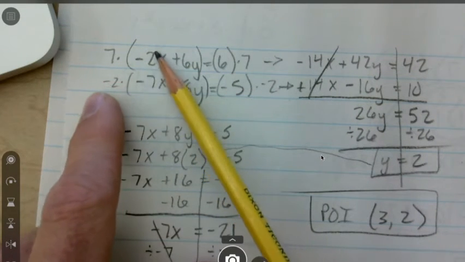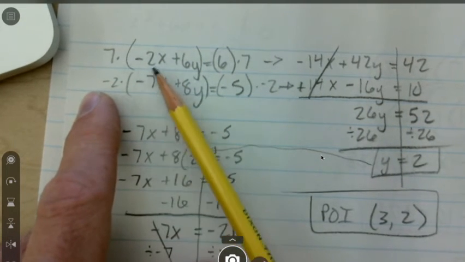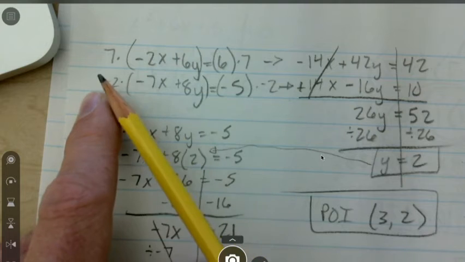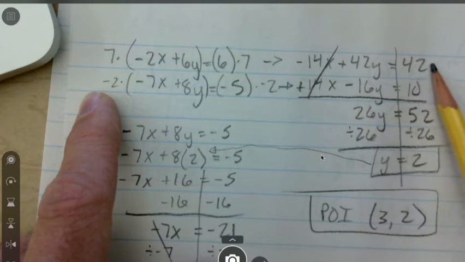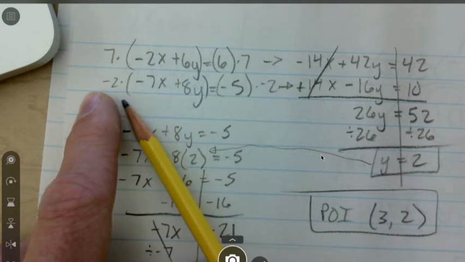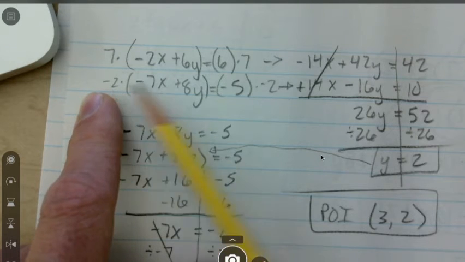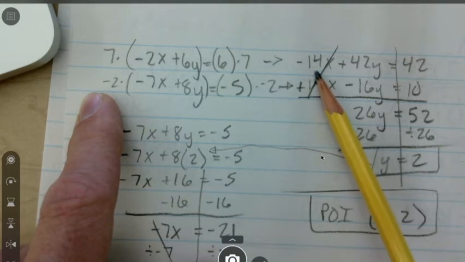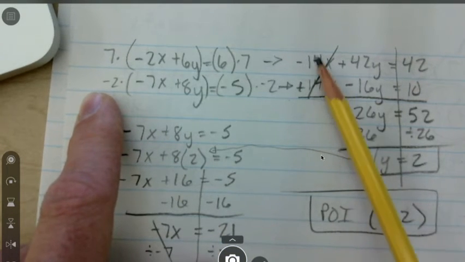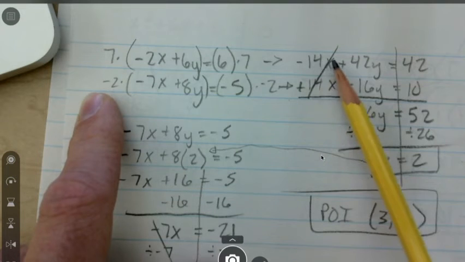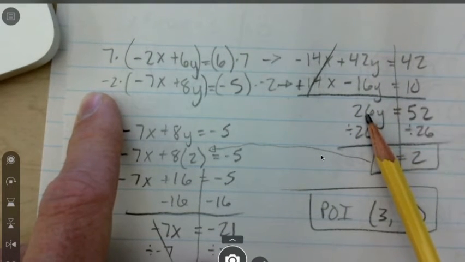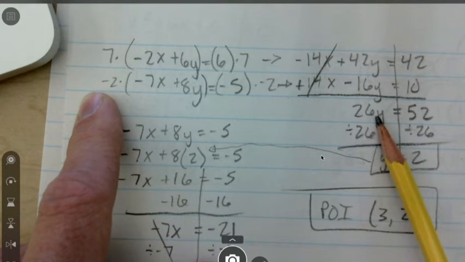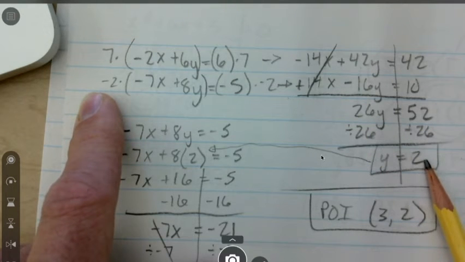So we said, if we wanted to eliminate x, these would both have to be 14s. So we multiplied by 7, and we got this. But we multiplied by -2 here because it gave us a positive 14x, and that's why they eliminate. They're opposite signs when we add. So when we added our two equations together, x is eliminated. We were left with a 26y and a 52, and we got y equals 2.